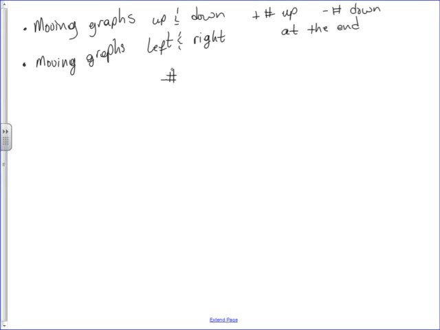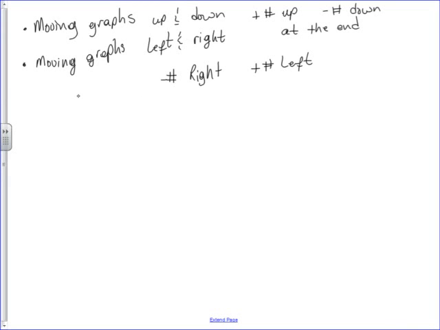But a negative number, in this case, goes to the right, not a positive number like it would seem. And a positive number goes to the left. So this seems a little backwards, but it's actually not. Okay? And remember, positive goes up, negative goes down when you're moving them up and down, but when you're moving them left and right, a negative number moves it right and a positive number moves it left.